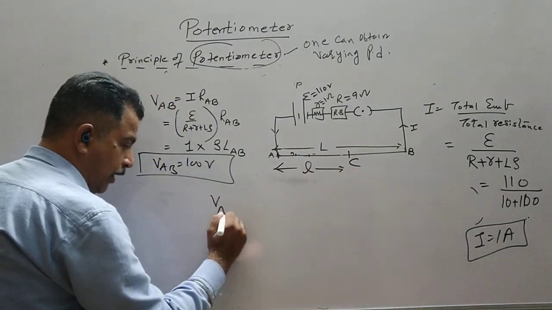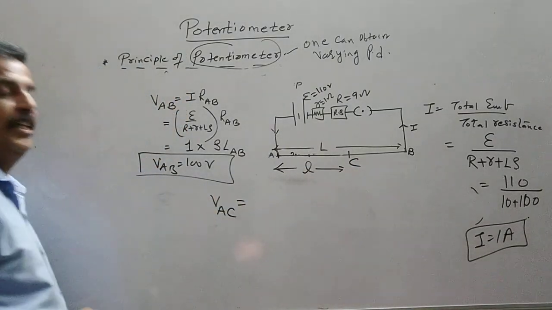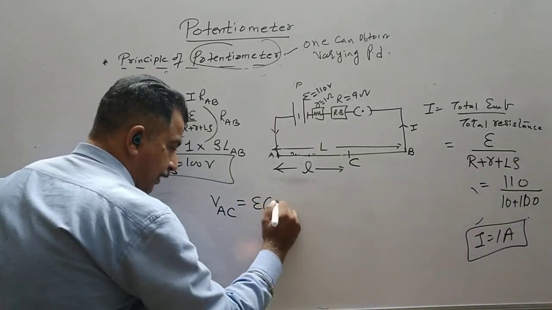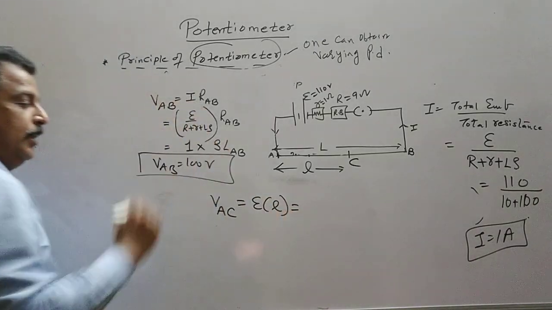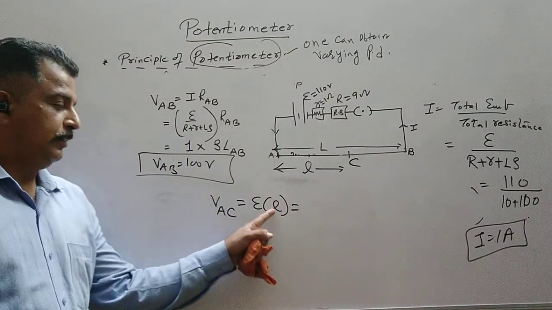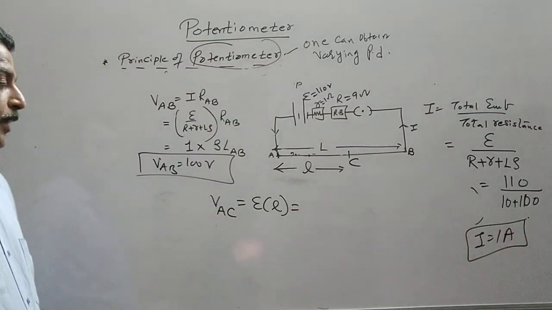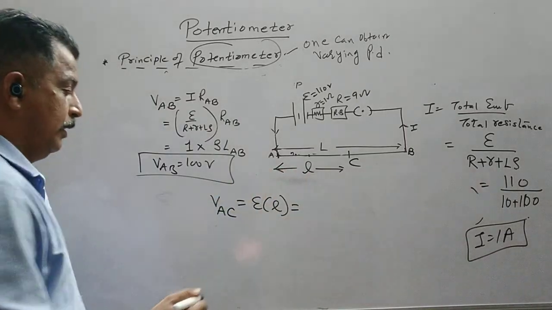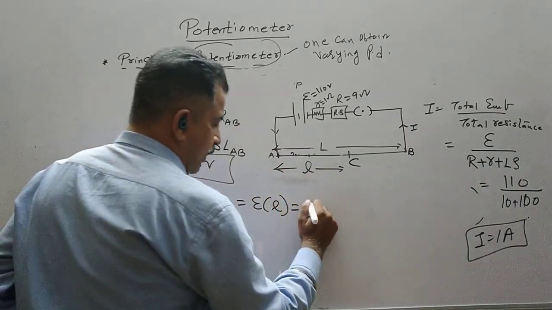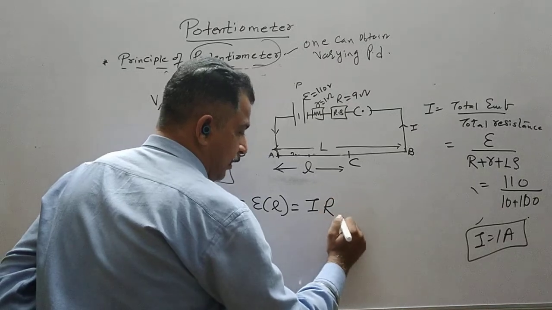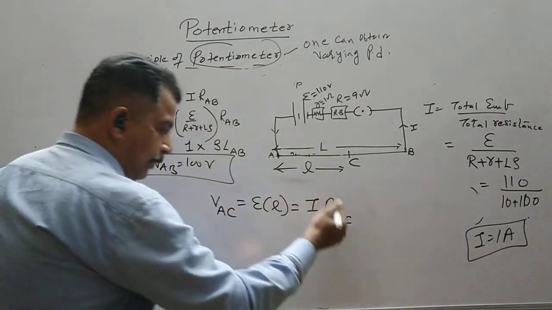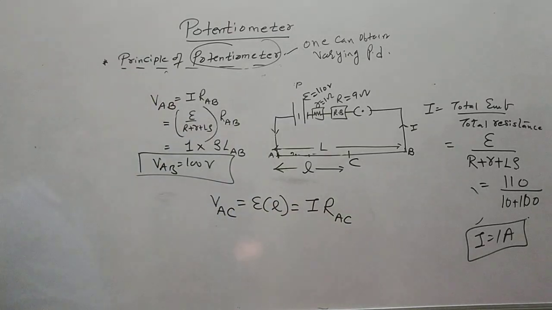So I will write potential difference across AC is equal to, in the book we write it EL, that is EMF across the length L wire. So you have to indirectly remember this is I, the resistance of AC.